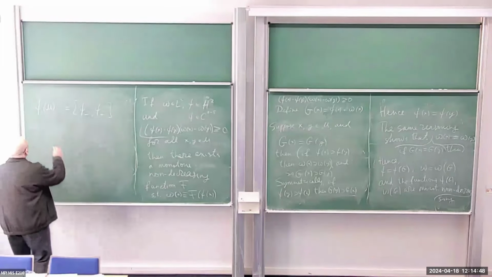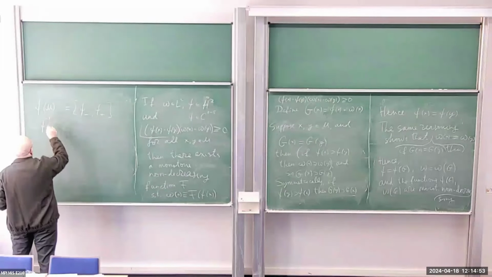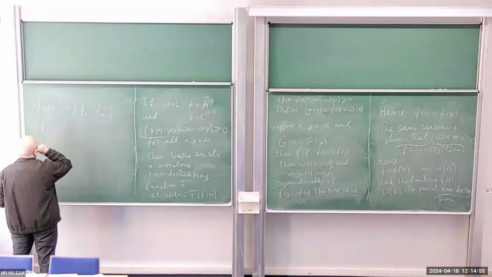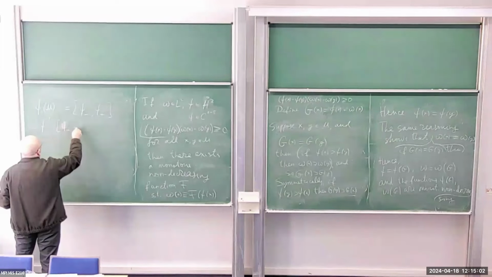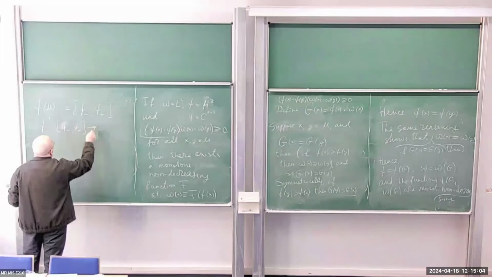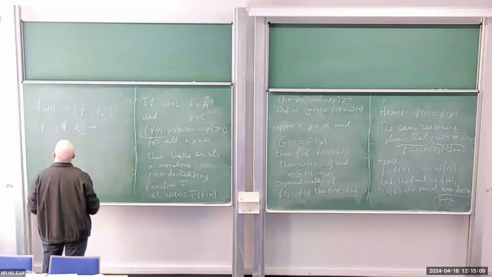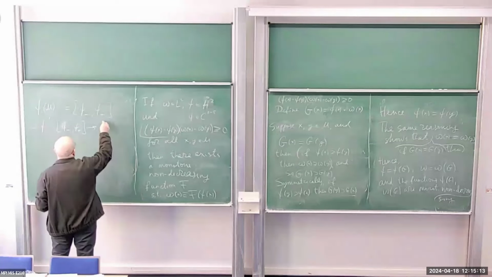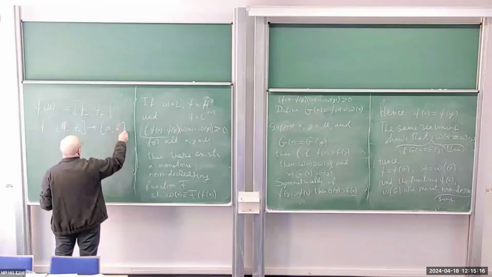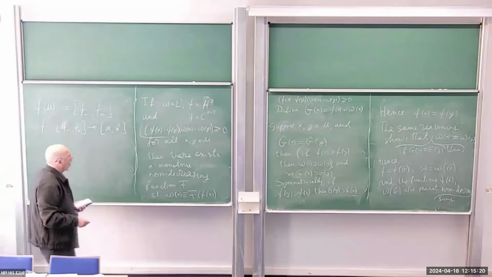So psi minus 1 maps this interval to R, but psi is a continuous function, so it is bounded, to the segment AB.